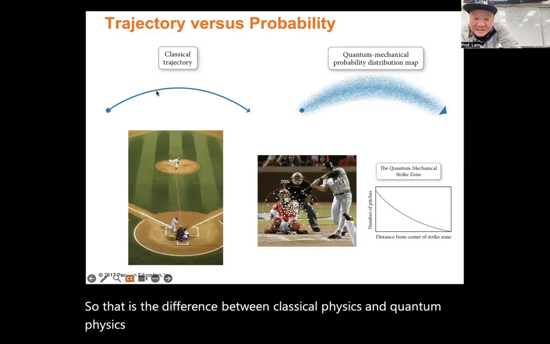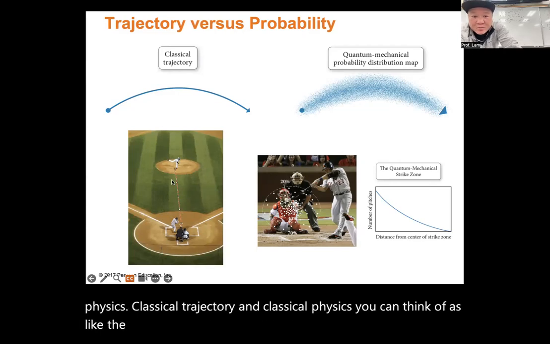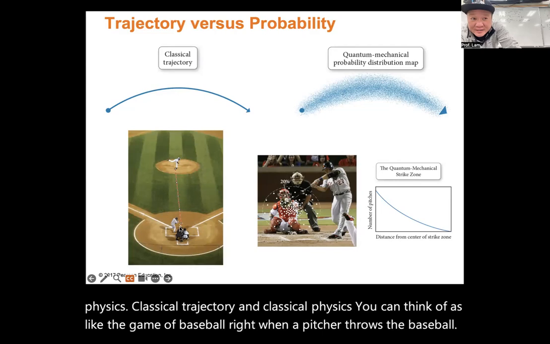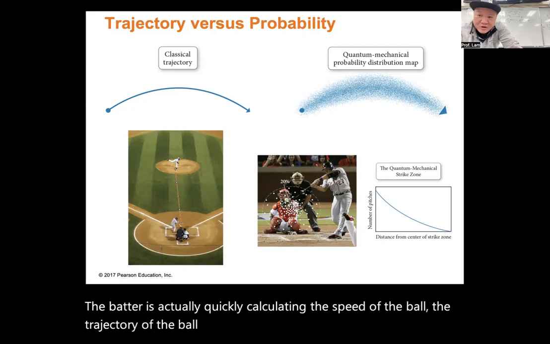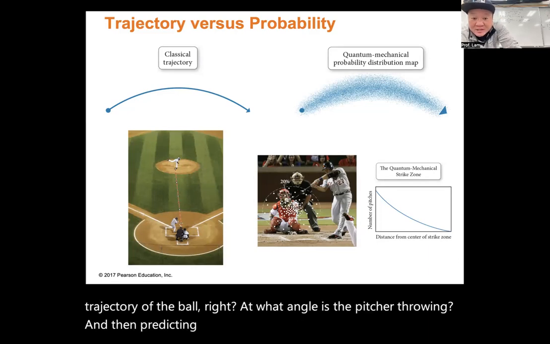Classical trajectory in classical physics, you can think of like the game of baseball, right? When a pitcher throws the baseball, the batter is quickly calculating the speed of the ball and the trajectory of the ball, at what angle the pitcher is throwing, and then predicting exactly where the ball is going to be so that he could hit it with his bat.